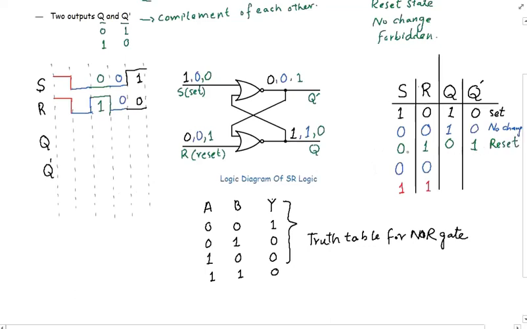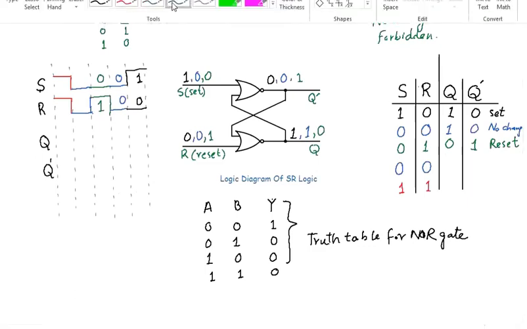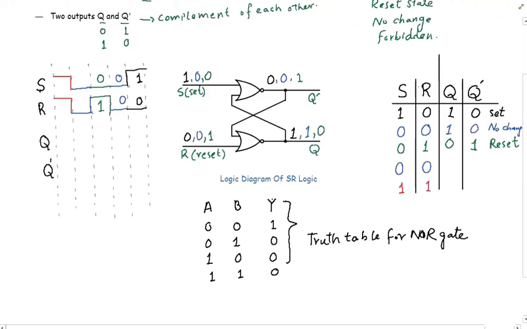Again in the fourth case we are going to apply low signals at both inputs of the SR latch. So we apply 0 and 0 at S and R. This one is 0, this one is 0. It will not change the value of the output.